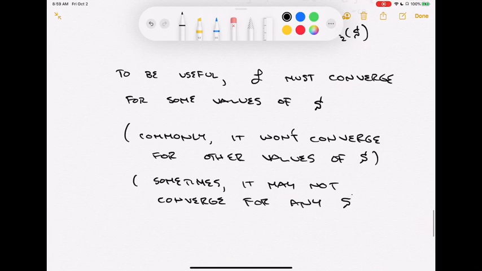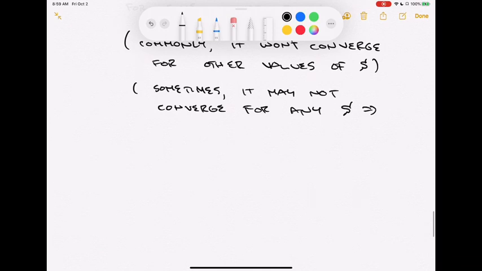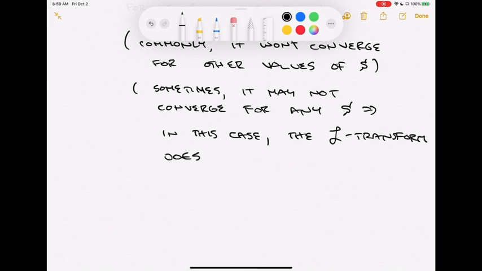In that case, the Laplace transform doesn't even exist. So it is possible to come up with signals that defy being represented the way Laplace wants to, as this sum of scaled exponentials, because we can't find values of s for which this converges.